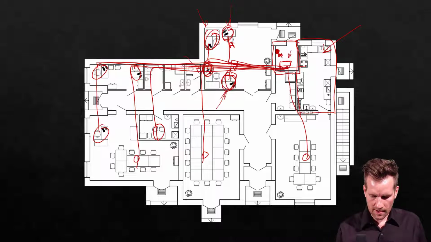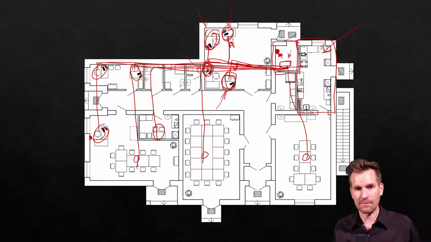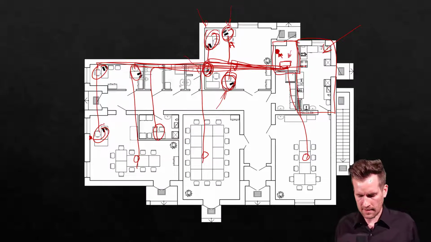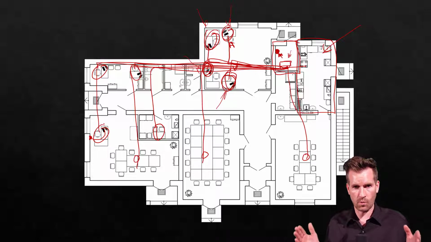So the jack might be right here, the plate where the jack is might be right here, and then they're going to need to have a cable that goes up to their desk. One thing I do have to keep in mind, and I'll mention this later as well, is that I only have 100 meters to work with.